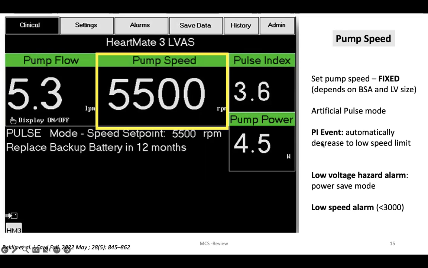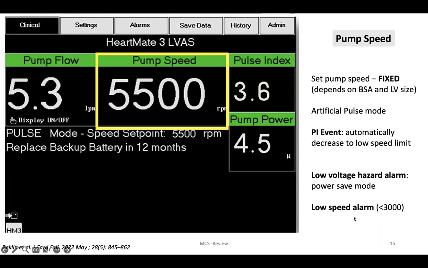But if you have a PI event, you have an automatic decrease to the low speed limit to allow the left ventricle to fill again, and then the pump speed is going to increase slowly afterwards. If you have a low voltage hazard alarm, again, you have a power saving mode, and then you're going to have a decrease of the pump speed.